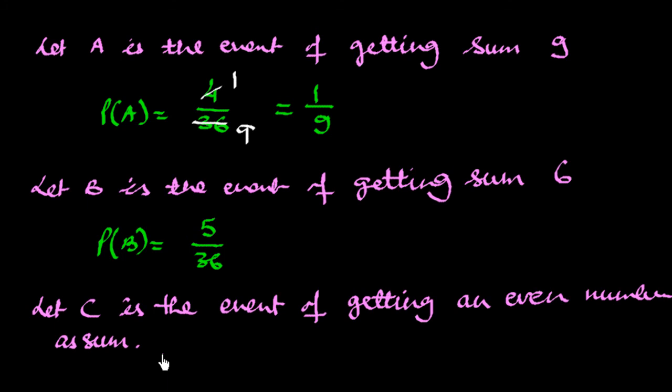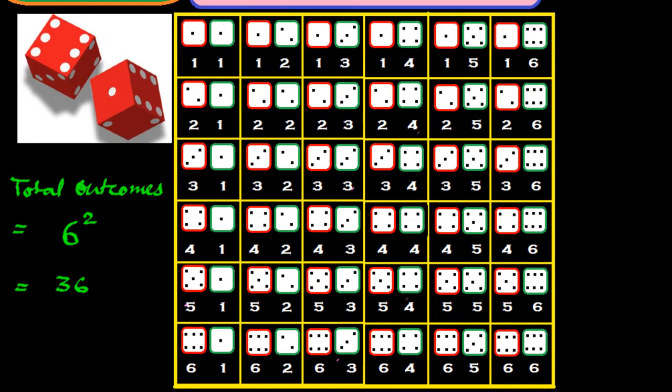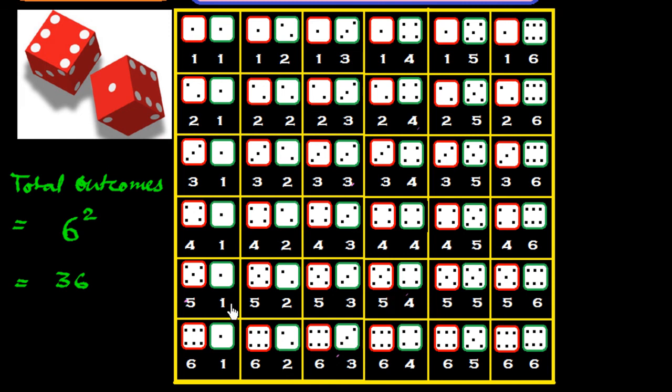It may be 2, 4, 6. So how many even numbers could we get through 2 dice? Now look here how we get the even numbers. The even numbers would be 2, 4, 6, 8, 10 and 12. The sums that are even would be 2, 4, 6, 8, 10 and 12.